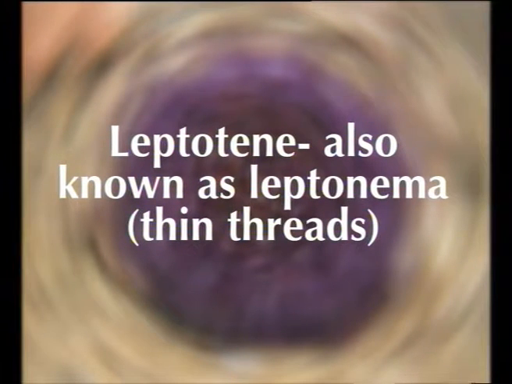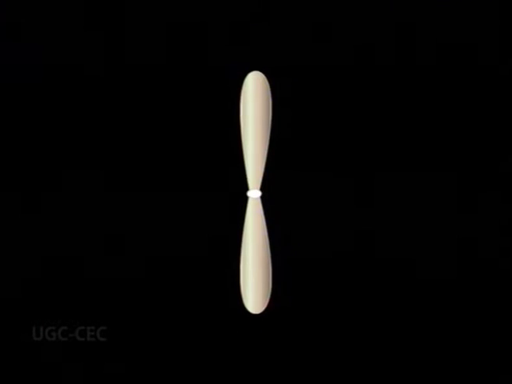The word is Greek, meaning thin threads. During this stage, individual chromosomes begin to condense into long strands within the nucleus. However, the two sister chromatids are still so tightly bound that they are indistinguishable from one another.